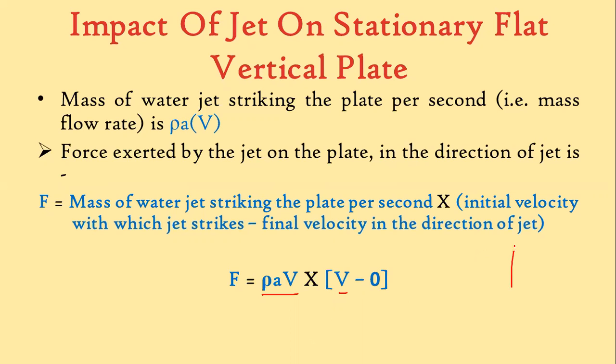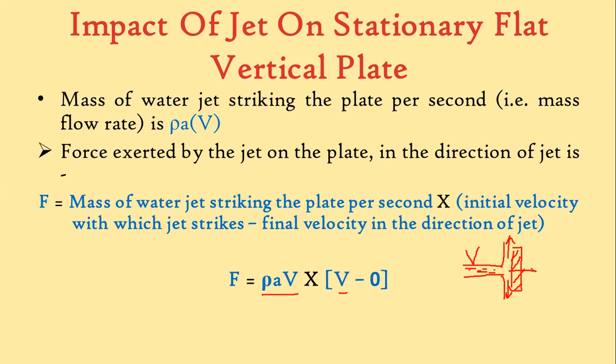I'll just show here the plate, and this is the jet. Now, initial velocity is capital V, and after the jet strikes the plate, it gets deflected along the plate.